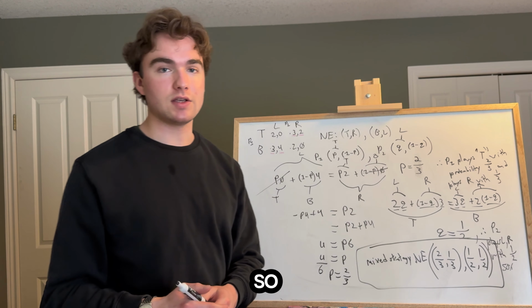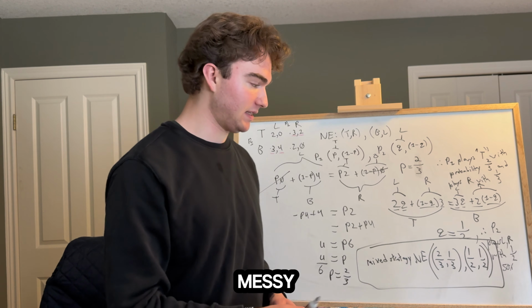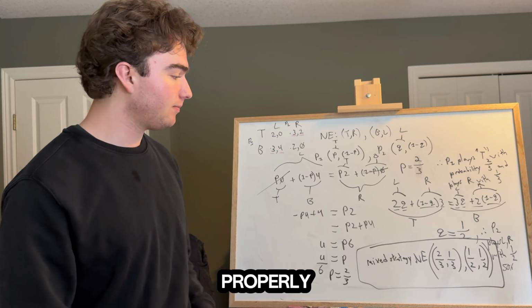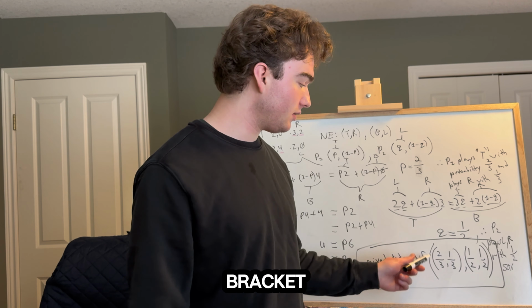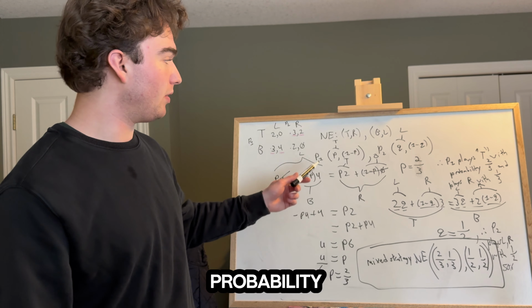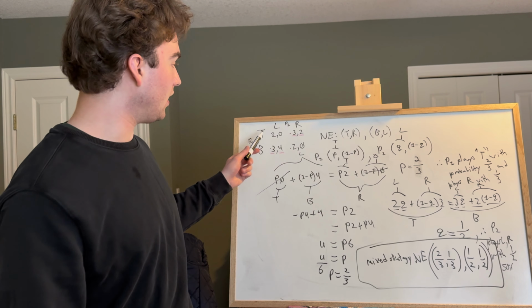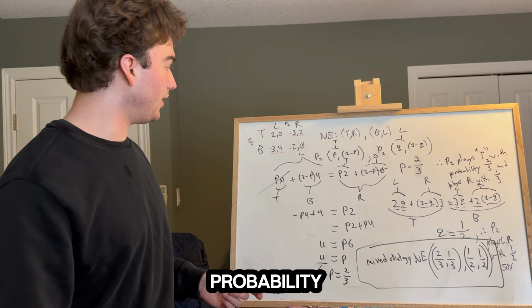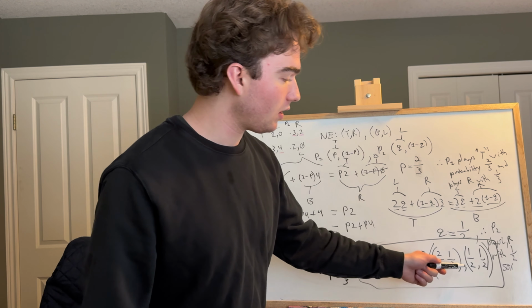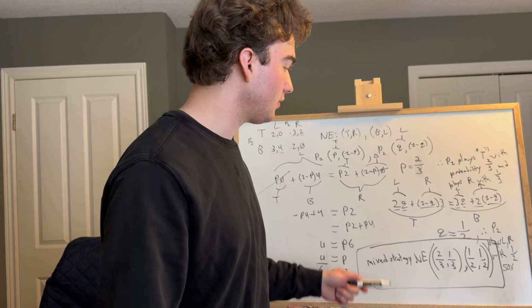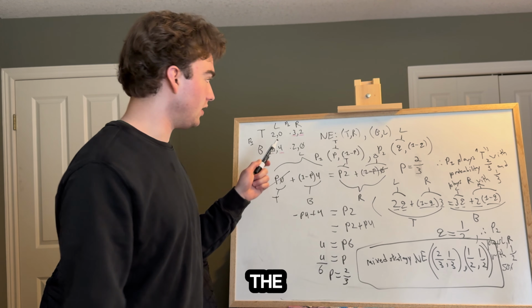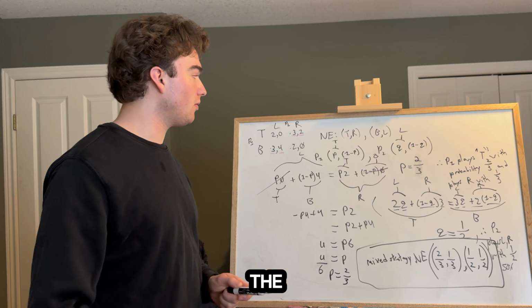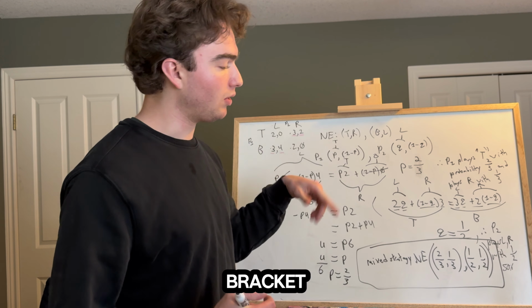Okay, so it's a little bit messy down there, but your mixed strategy Nash equilibrium, how you write it out properly, is bracket, bracket, 2 over 3, which is the probability of player 1 playing top, slash the probability of player 1 playing bottom, comma, bracket, the probability of player 2 playing left, and then finally, comma, the probability of player 2 playing right, bracket, bracket.